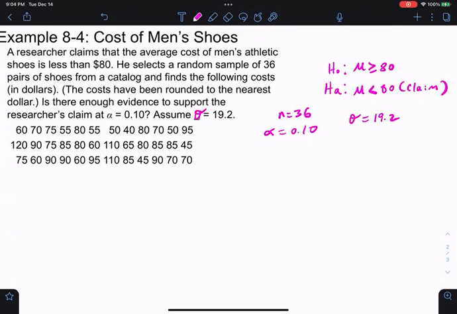Okay, 1 second, guys. I'm looking for the calculator. Here it is. Okay, so let me share this with you.